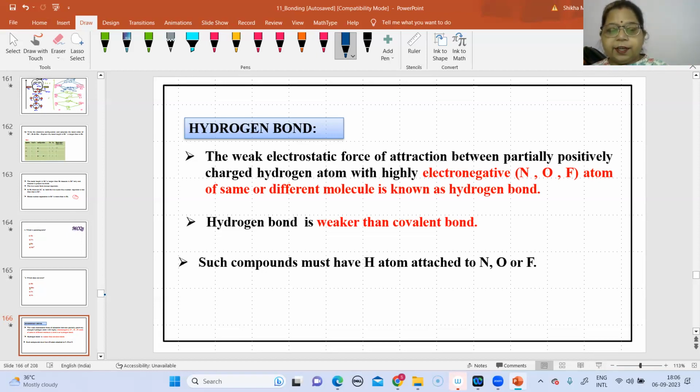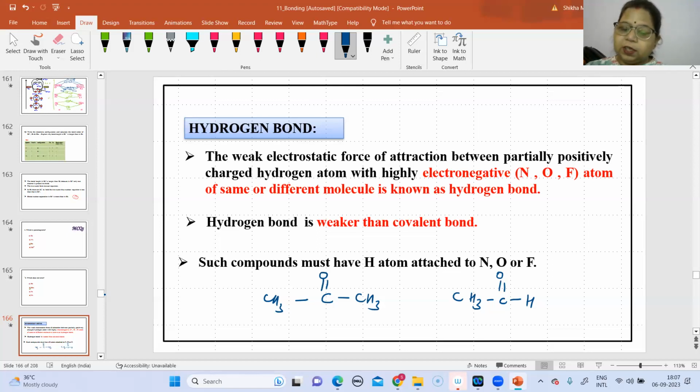So if you have an organic compound like this with C double bond O, then CH3 and CH3, and another compound, CH3, C double bond OH. What would you expect? Will both of them form hydrogen bond or only one of them? I will name this compound 1 and this compound 2. Give it a thought for a minute.